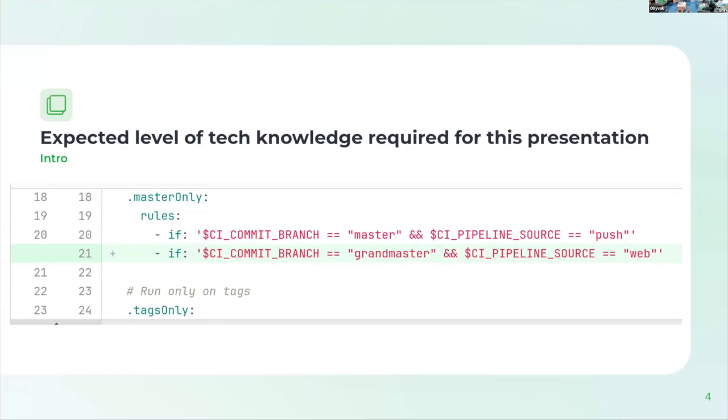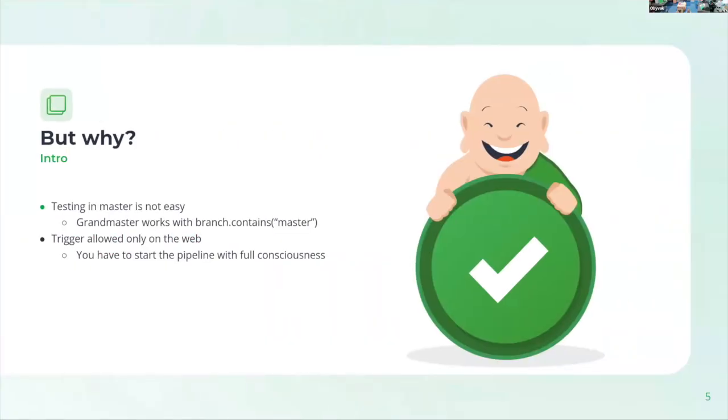So you create a grandmaster, and just to be sure you are lucid when you test, you enable the pipeline to be executed only from the web console. If you are checking for the existence of the word master in a branch name, grandmaster still gets the execution. You can do your testing. You did a workaround. It's sweet. It's simple. It's just one line, and it's going to work.